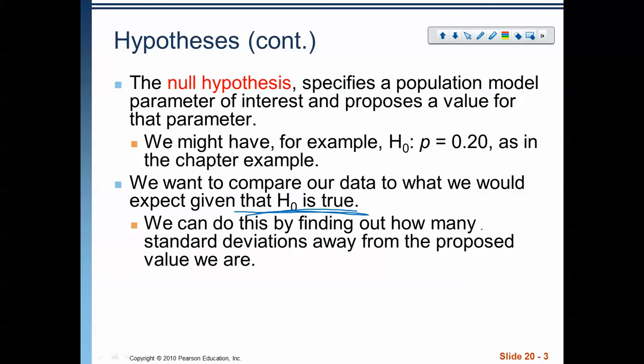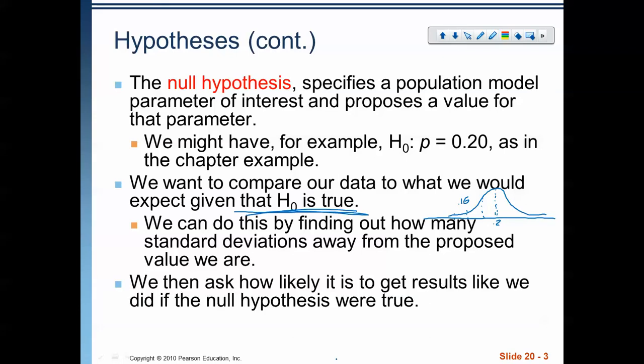Just like we did with the confidence interval, we're going to look at a sampling distribution and say, assuming that this actually is 0.2, let's say my observed value was 0.16, we want to know just how many standard deviations away 0.16 is. Then we ask ourselves how likely that is.